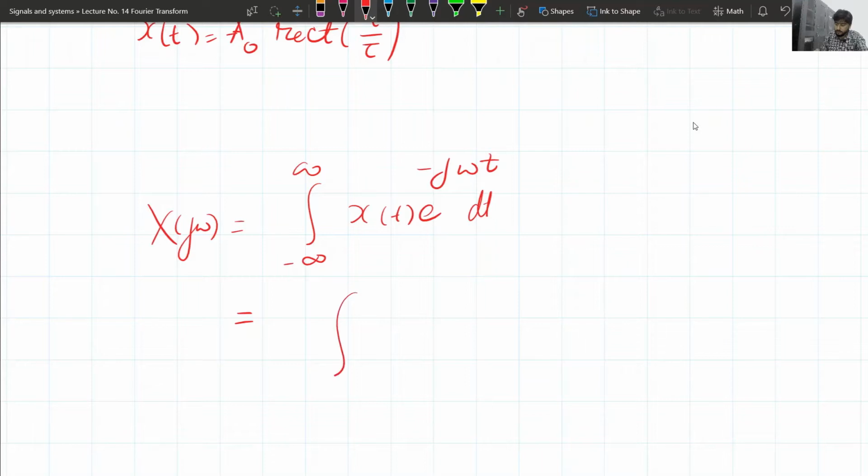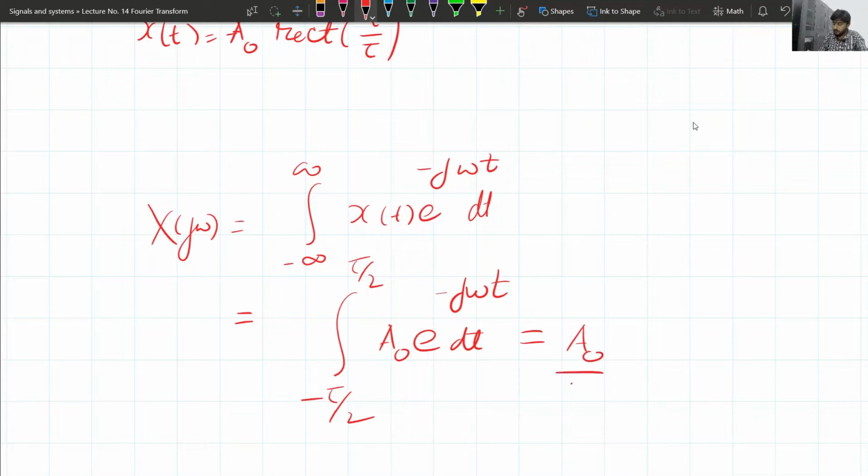Now since the function spans from minus tau by 2 to tau by 2 with an amplitude A naught, it will be the integral of A naught e to the power minus j omega t dt. On solving, you will get A naught upon j omega into e to the power j omega tau by 2 minus e to the power minus j omega tau by 2.